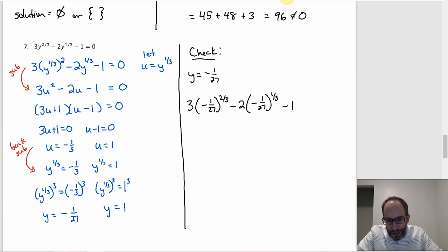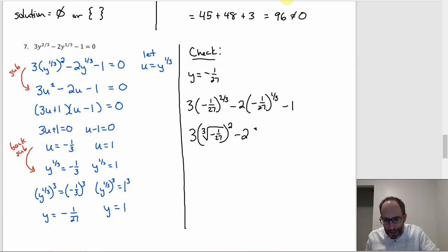The way to handle raising to the 2/3 would be to do the denominator first. So basically you would have 3 times the cube root of negative 1/27th, which would then have to be squared, minus 2 times the cube root of negative 1/27, minus 1.